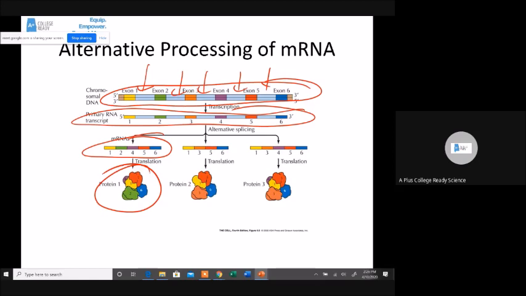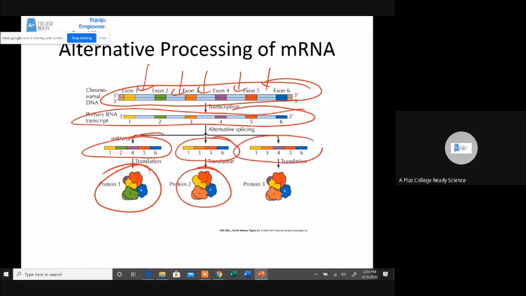But in another situation, when body chemistry is different, when things in the environment are different, exon 2 is essentially treated as an intron, and it gets removed. So we get a different mature mRNA, a different protein, and therefore a different expression of the gene, a different trait per se.